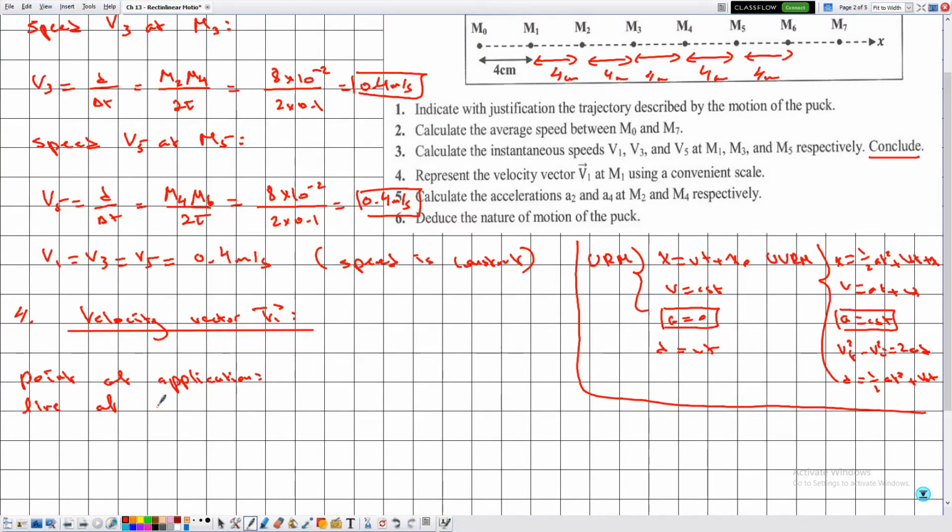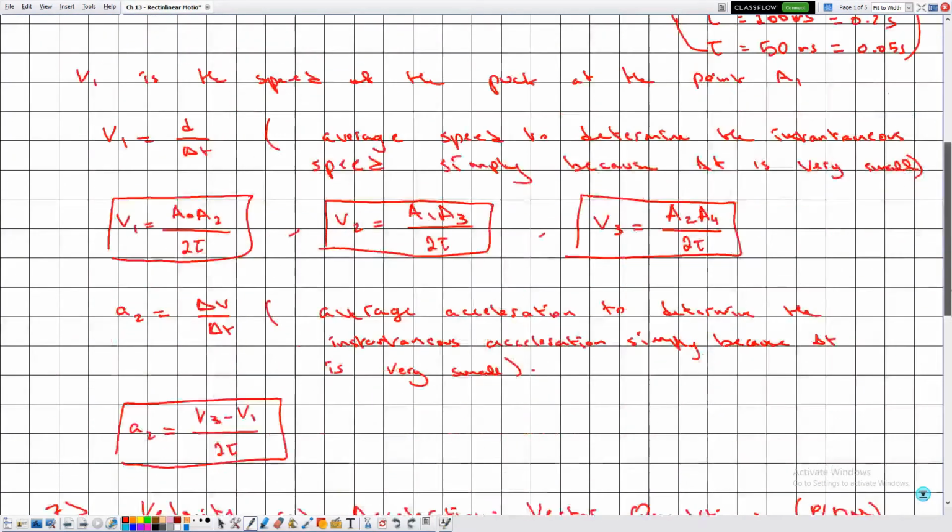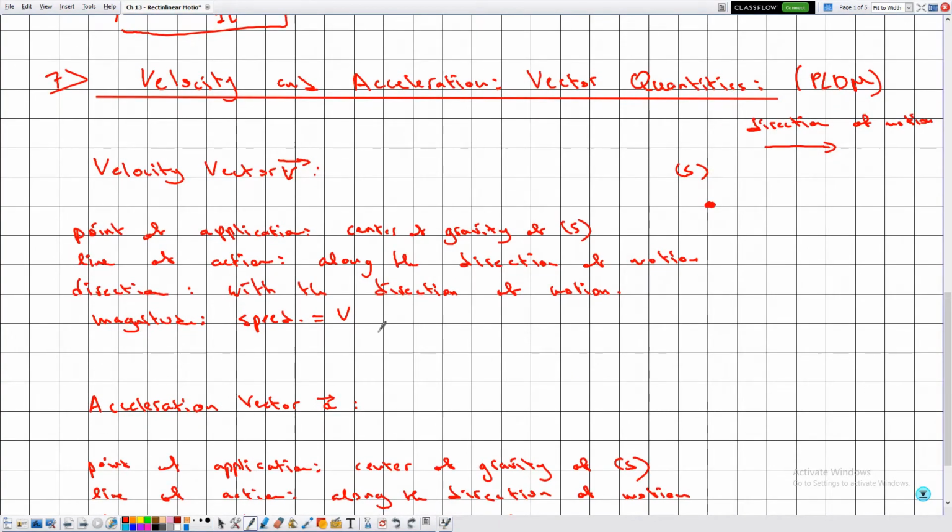So the line of action, the direction, and the magnitude. If we recall back to the following section, we can notice that these are the properties: the center of gravity of S, along the direction of motion, with the direction of motion, and the magnitude would be equal to the speed, which is v.